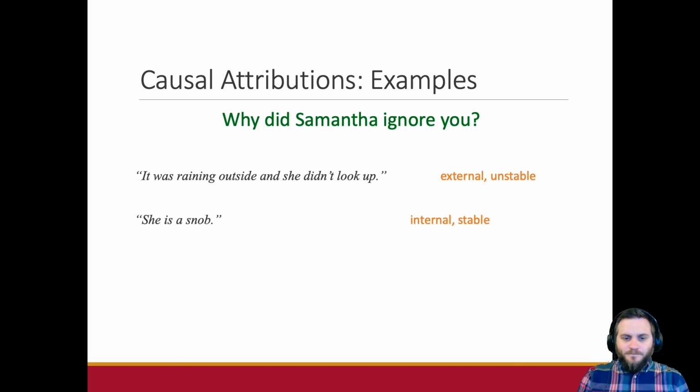Now, you can do the other 2 if you'd like in your working out of this. So think of something that may be external but stable. Like she has a neck condition. No, that's internal and stable. So her neck condition. I have one.